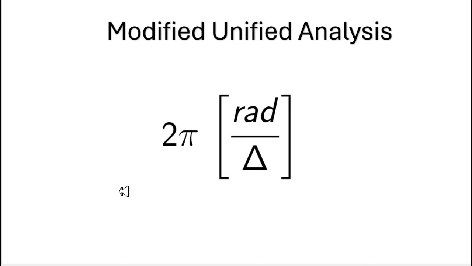The only way I can do this is to develop my own modified unit analysis, my own standard, which I am starting to warm up to the idea of calling just the X standard. But I'll continue to use the term modified unit analysis for now. It's a little bit hard to say, so MUA is a little easier to say. So this is the foundation of modified unit analysis.